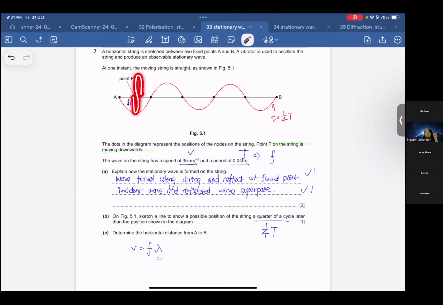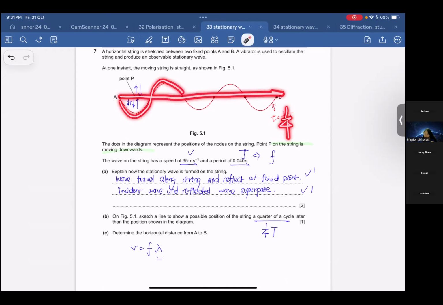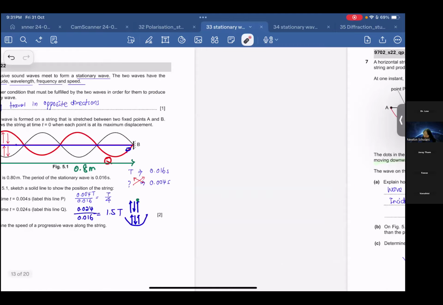So for this one, Wesley, do you agree? This is one complete wave. After T, you will understand, you see 1, 2, 3, 4. So 1 over 4 is actually from here, going down. I need to draw another wave to show, because after 1 over 4, this wave will become here. So it's like this, we come back to here.